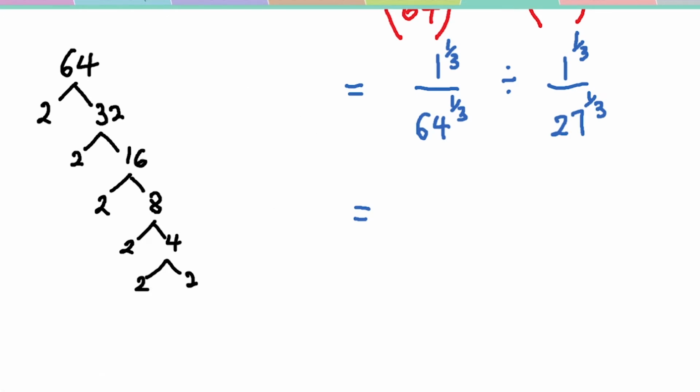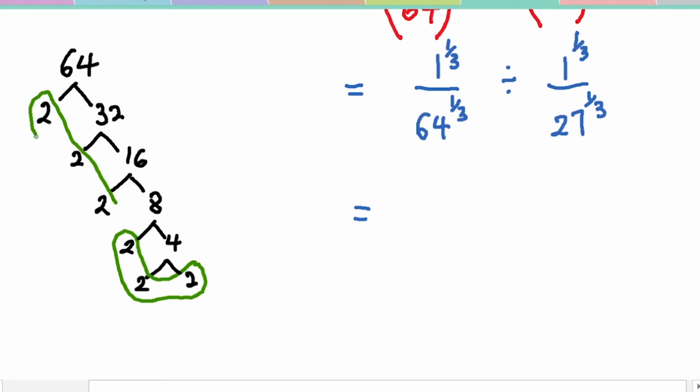Since we are finding the third root, we are going to group these in groups of 3. In those two groups of 3s, we shall just pick 1, 2 here and 1, 2 there. Then we shall say this is 2 times 2, which is 4. So the third root of 64 is 4.